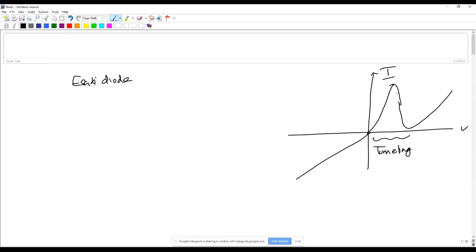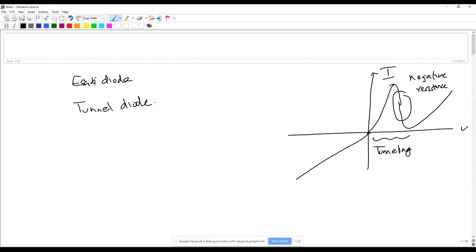And when your current decreases with voltage, we call this region a negative resistance region. So they have a very different IV behavior as compared to a regular PN junction. One way to understand it is, of course, to look at the energy band diagram. So the Esaki diode or a tunnel diode.